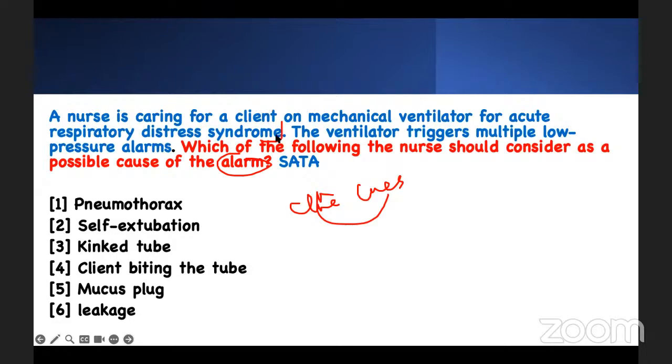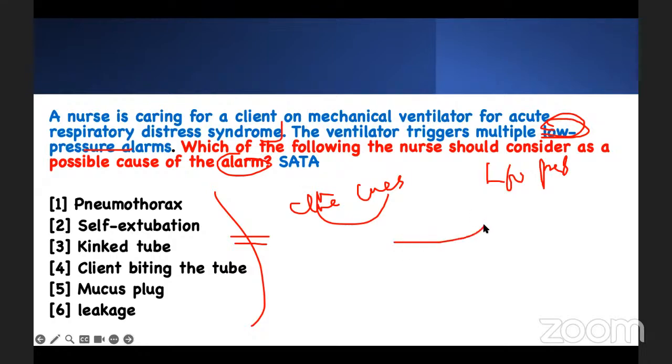I've not asked you anything about ARDS, so don't worry too much about it. The ventilator triggers multiple low pressure alarms. That's the key: low pressure alarm. That's all you need to focus on. They're asking which of these would generate a low pressure alarm. If you do that, these 4 lines are turned into 3 words: low pressure alarm.